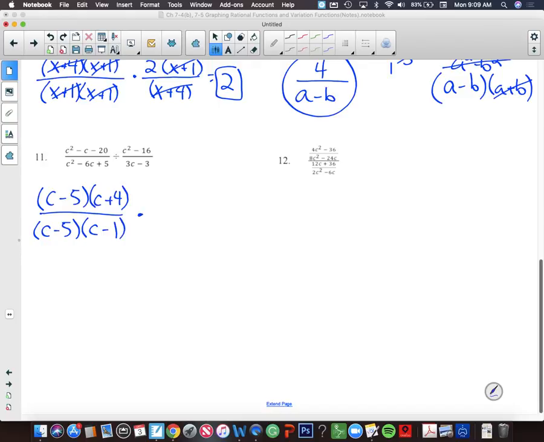Okay, and then we flip that. C there, the 3c minus 3, we flip it and factor. And then right there. So finish that one out, start canceling stuff. And I think we end up getting 3 over c minus 4.